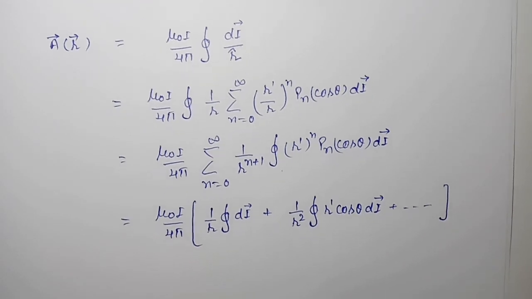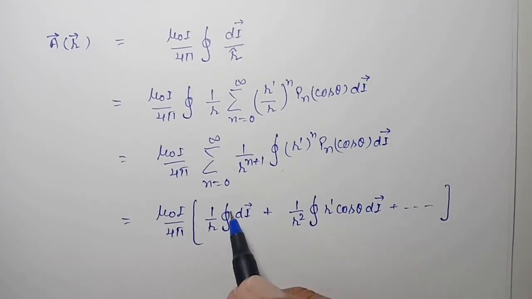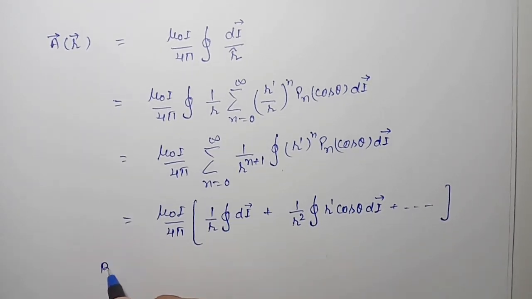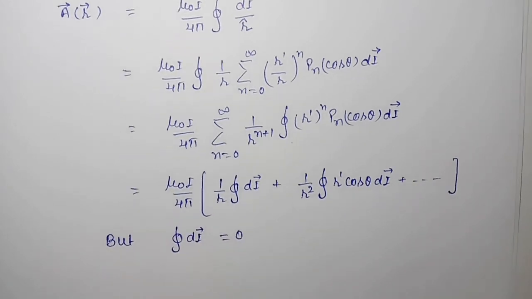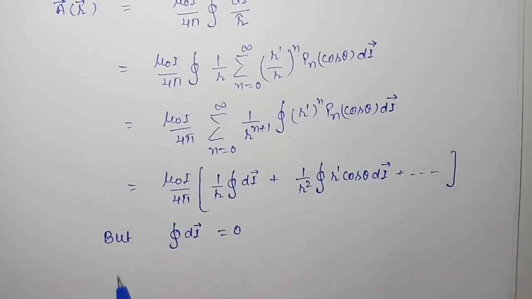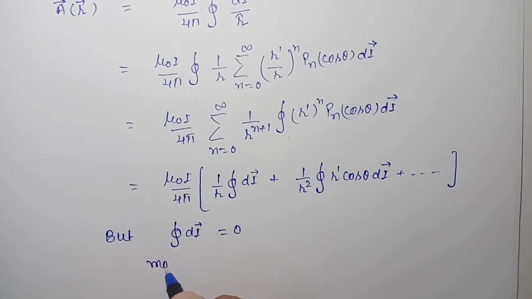But here we have a closed integral, so this term is equal to 0. This shows that monopoles do not exist.